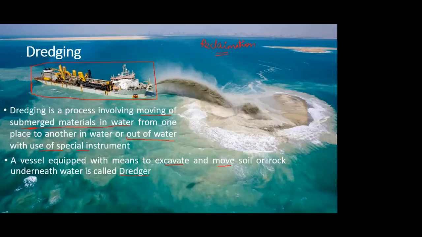What you can see on the surface is just one part, but another part of it is submerged inside water at the bottom, where it has a long pipe and a cutter which goes deep inside the ocean. It cuts the ocean bed or seabed, and then transfers it through the pipe to the surface of the ship, and one end of the pipe throws that same material in this area to form artificial land or reclaimed land.